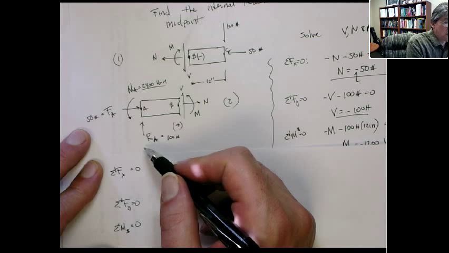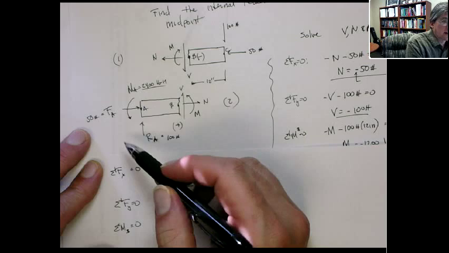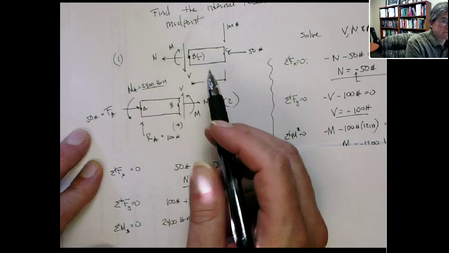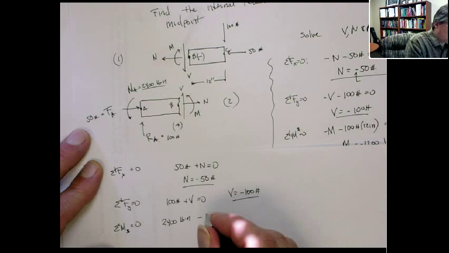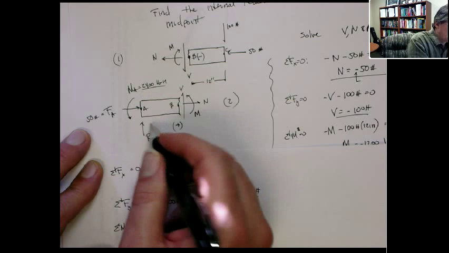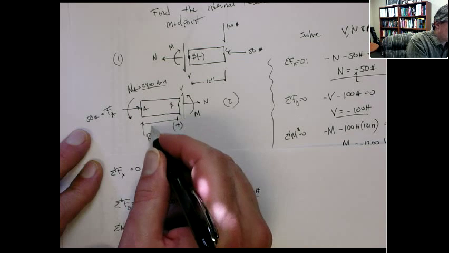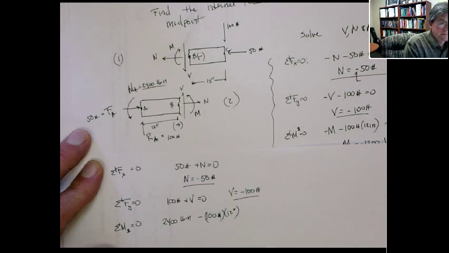RA gives me a moment going around the negative z-axis. So it's a negative 100 pounds. This is from RA. Its moment arm is this distance, 12 inches.